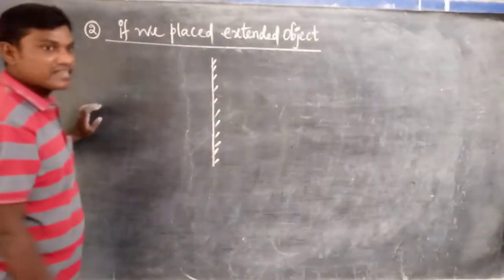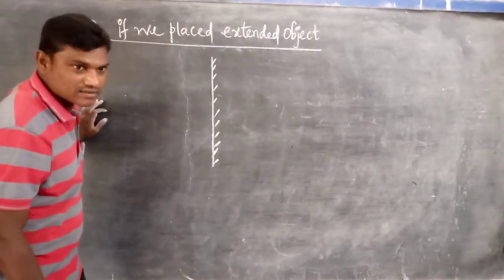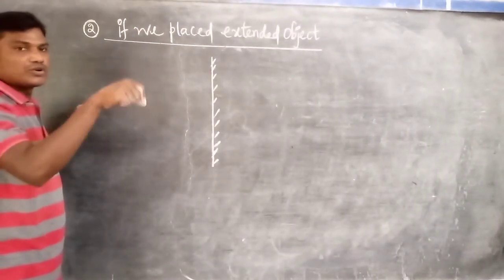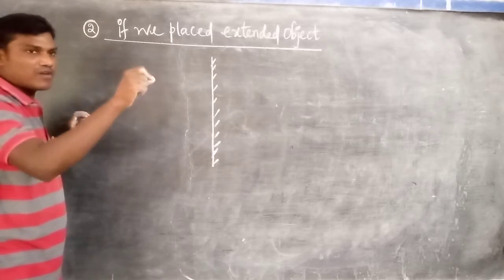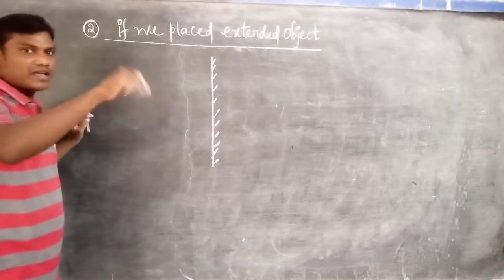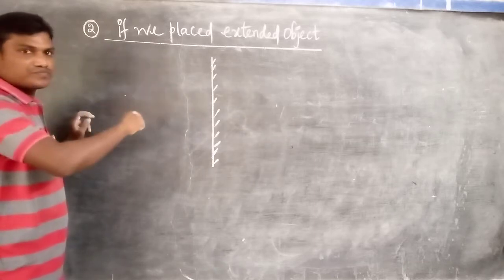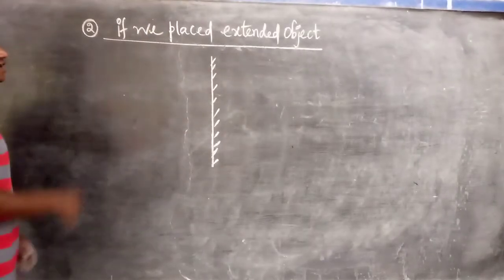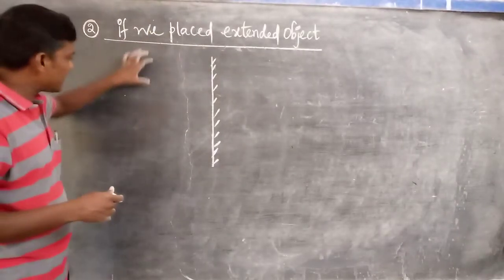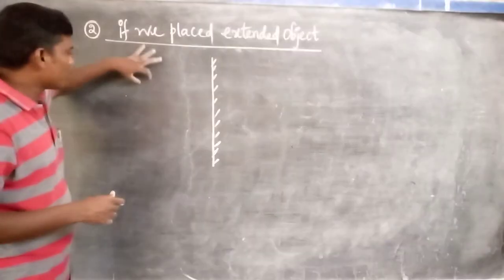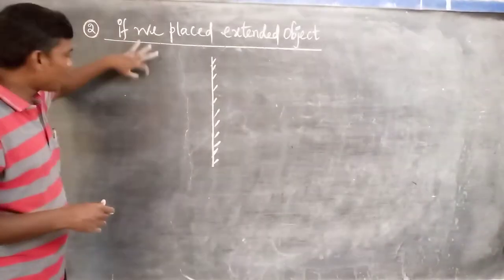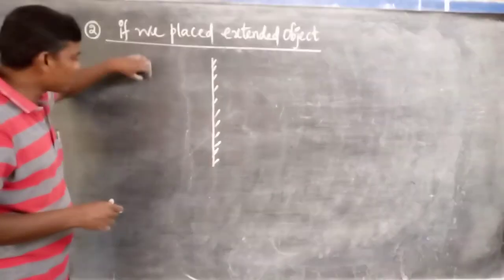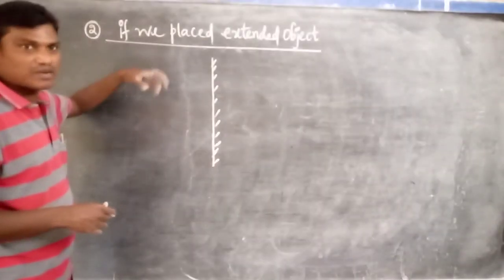Or we place any alphabet letters or numerical digits except zero. In the case of alphabets, O appears like a point size object. So if we place an extended object, it means we place a person, a tree, a candle, an alphabet letter or a numerical value, whatever it may be.